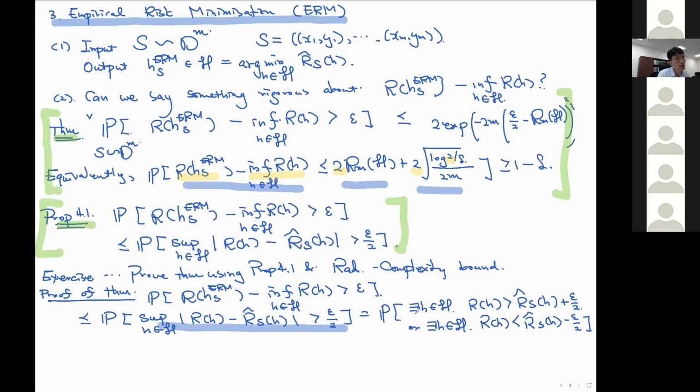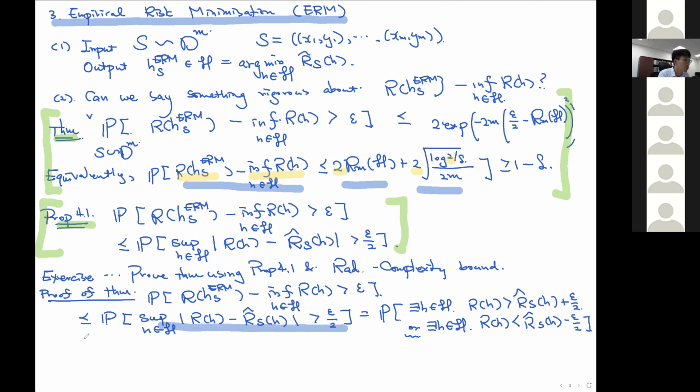But then on the right-hand side, now we can apply the union bound. We have an "or" here, so the probability of one event or another is bounded above by the probability of the first plus the probability of the other.